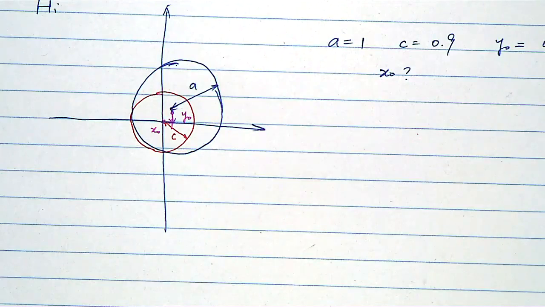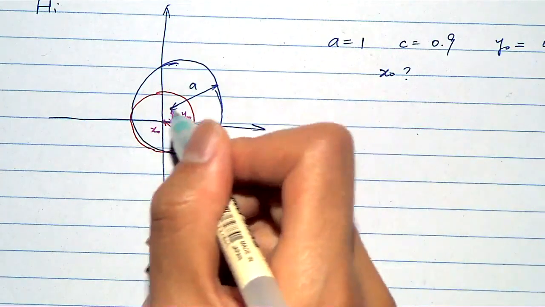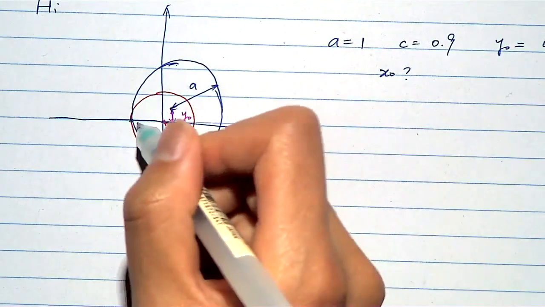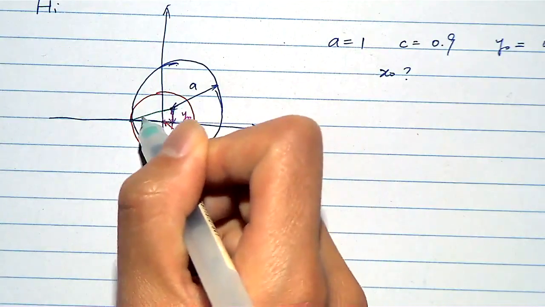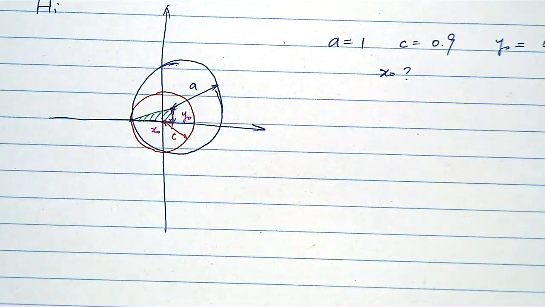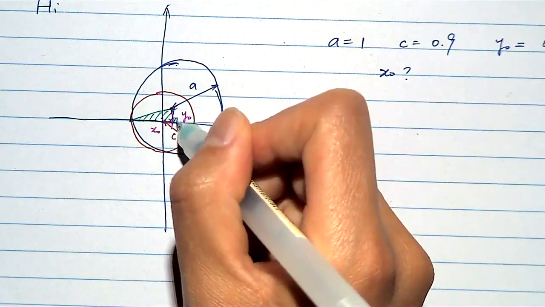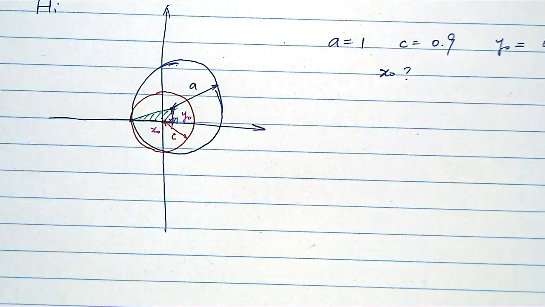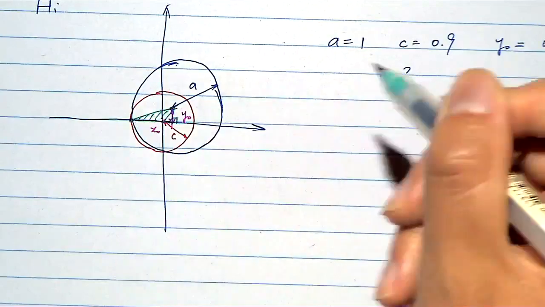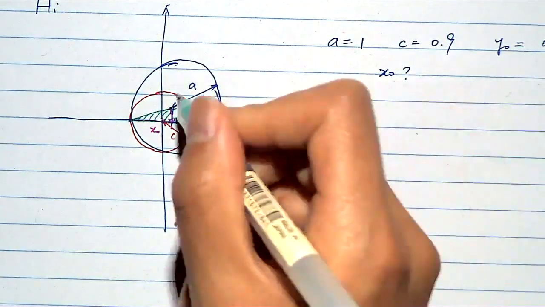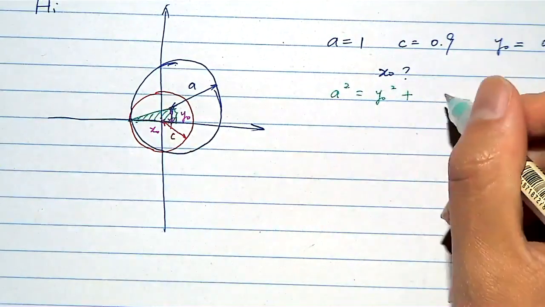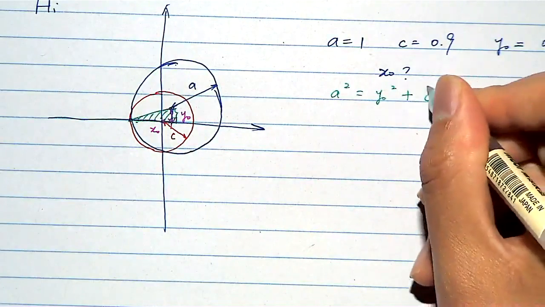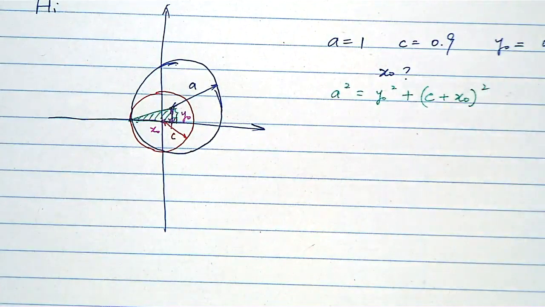So to solve this, we just have to connect this point, the critical point, with the center of the big circle, and then just take this triangle out of it. Here is 90 degrees. So we can apply the Pythagoras theorem, and we know that this length is A. So A squared equals, here is y naught, plus this length is C plus x naught, squared, right?